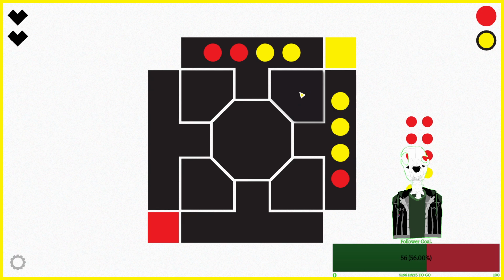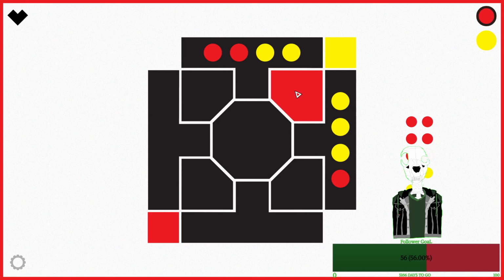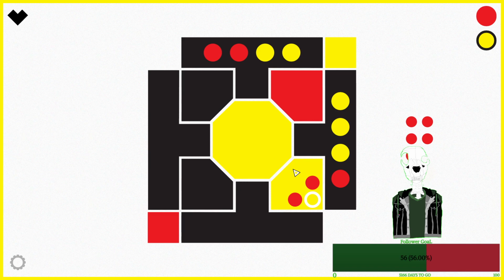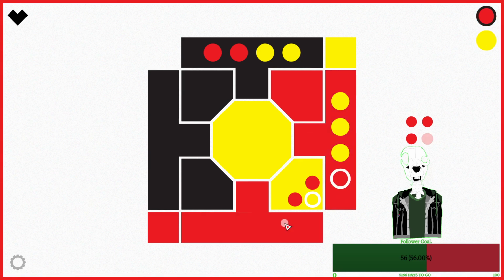So this is most likely a yellow. It's not. So we know it's a red. That's not good. But it kind of is, because now we know both of these are yellows. Both of these are reds.